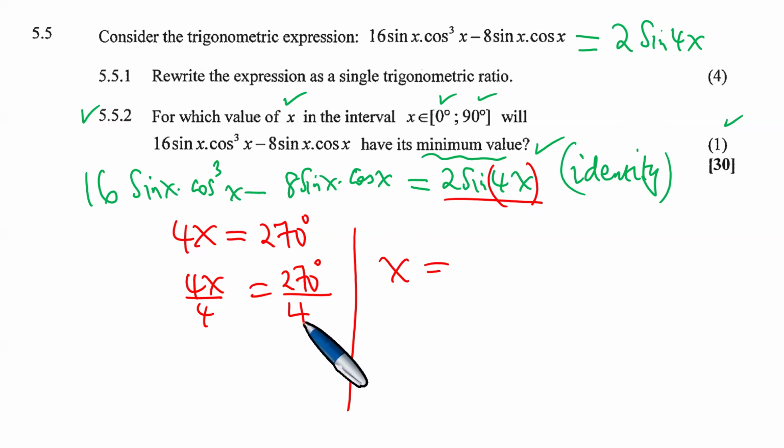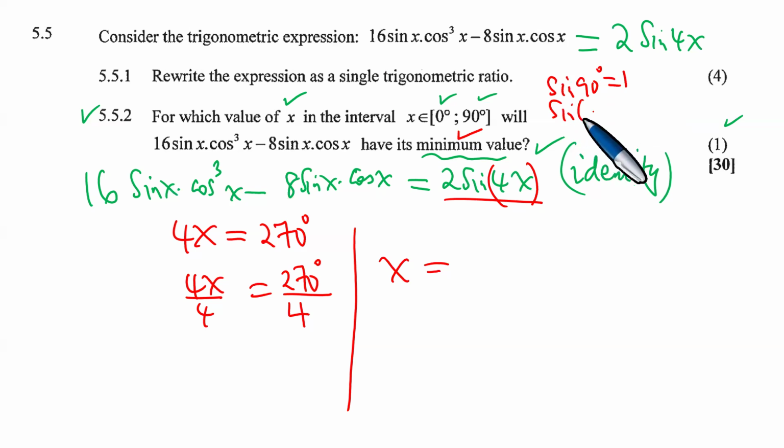Okay, now let's come to this. What is 270 divided by 4? We do that on a calculator. Why is it 270? Okay, 270 because we're dealing with the minimum. And we know that the sine of 90 degrees is 1.